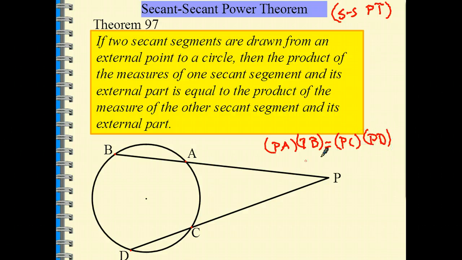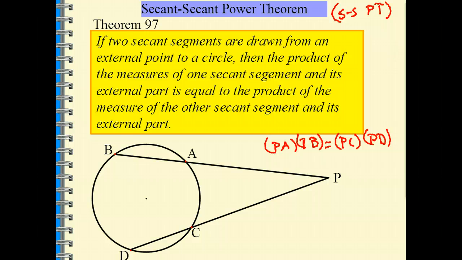One thing to keep in mind: we are not saying that PA and PC are congruent, and we are not saying that PD and PB are congruent. What we are saying is that the two products are equal. The external piece times the entire thing is equal to the external piece times the entire thing.